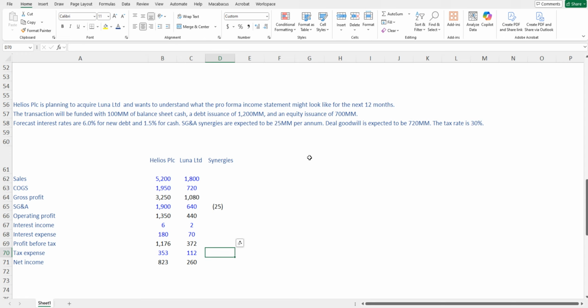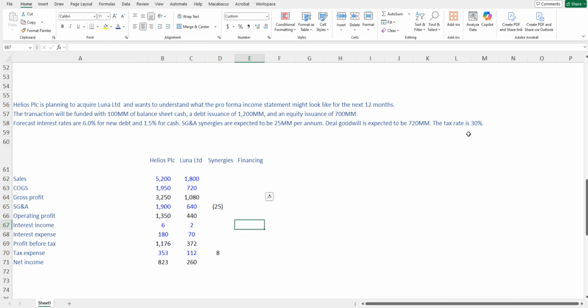Because of the higher profit, you need to pay more tax because you earn more. So the 25 should be multiplied by the tax rate of 30%. I also want to multiply by -1, because it becomes a positive number, but it's still being deducted when we calculate the net income.